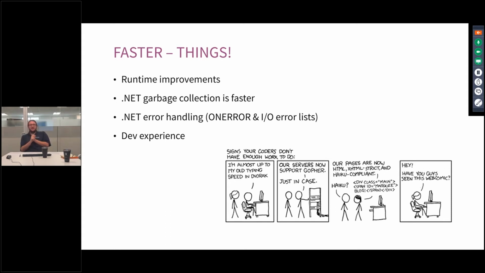We made some changes there in order to help out, especially with the web services and that kind of stuff. If you're using .NET for web services and Synergy.NET DLLs and that kind of stuff, it's been very helpful. Also with error handling. Error handling can be expensive, especially when we're talking web applications. And so know that there have been improvements with the .NET error handling, with on errors and the IO error list.